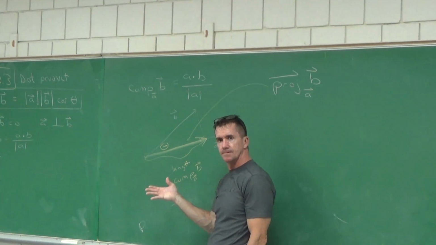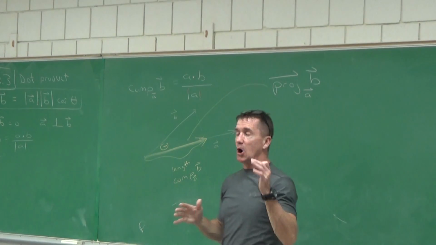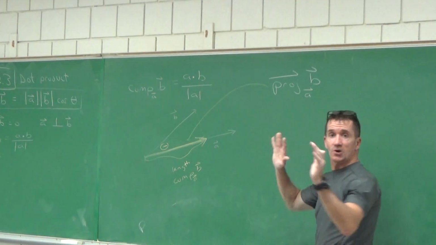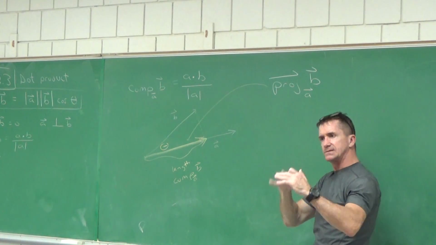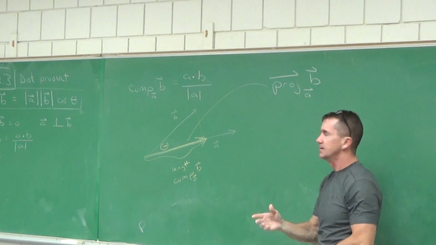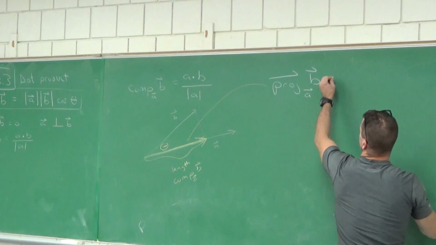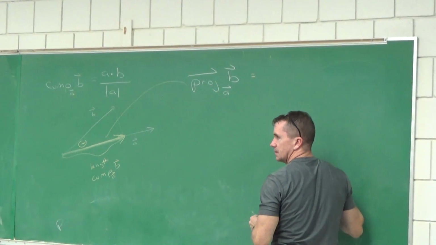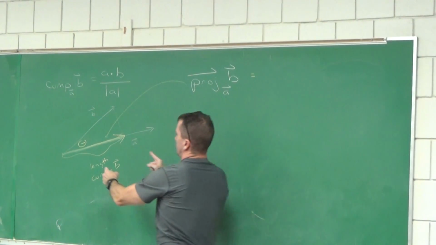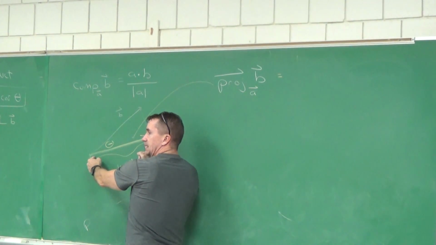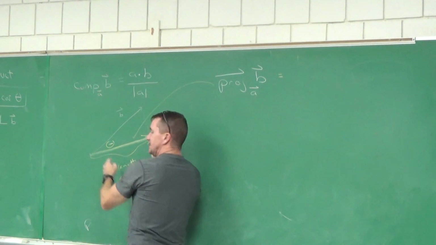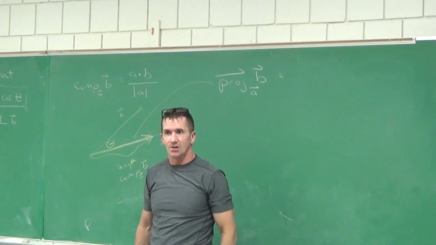So is the formula the same? It's almost identical. I'm going to put it in words first. It stems off the component. It's very similar, as Art said. It's going to be equal to this length right here times a unit vector in the direction of A. That's all of it.